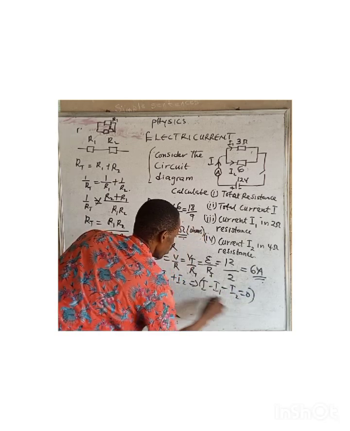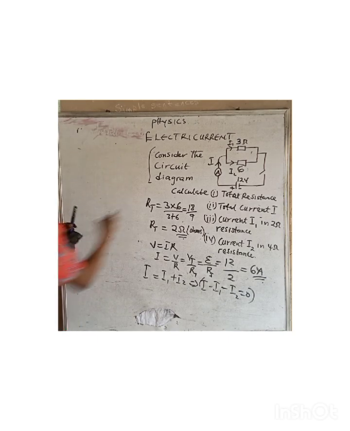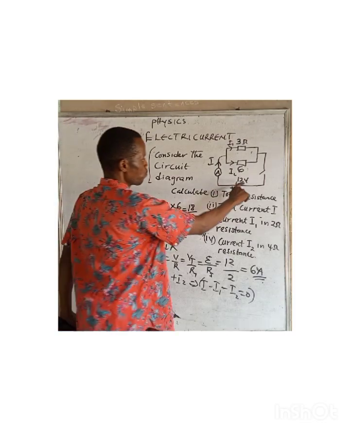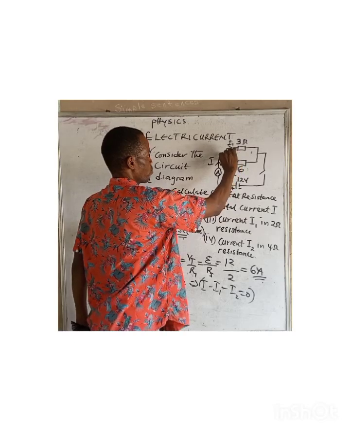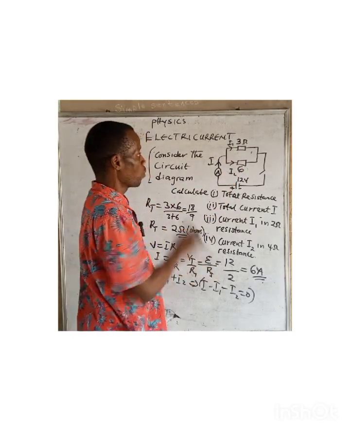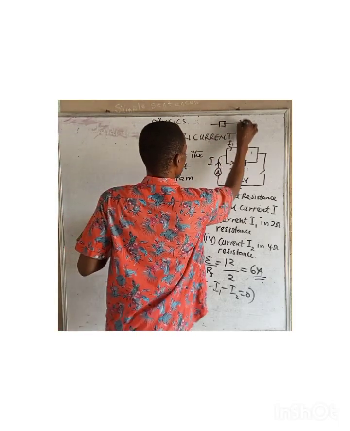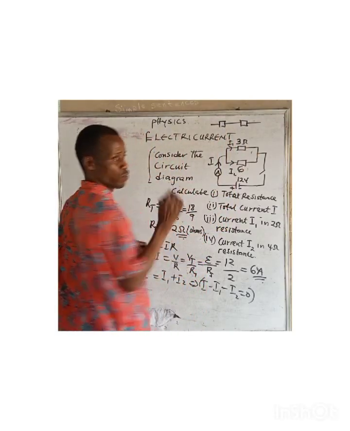That is the actual current law. So going forward, we have to calculate the current in each resistance. We must take note of one thing: the same voltage flows in a parallel connection for different currents. You can see different currents when they get to this, they differ. But when you are having a series connection like this, we have the same current flowing, but different voltage.